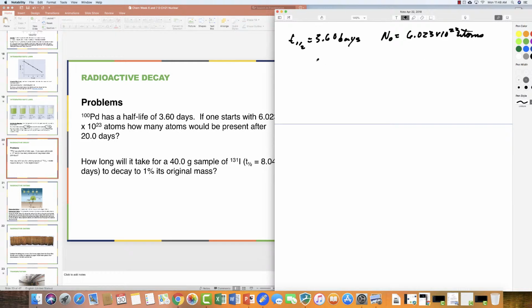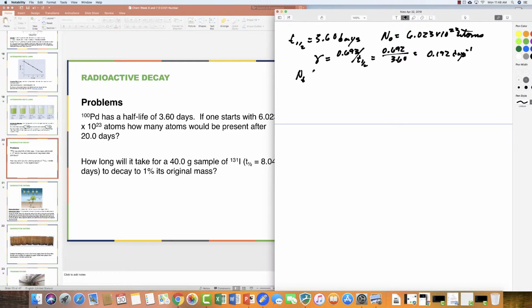And the decay constant is equal to 0.693, which is the natural log of 2, divided by the half-life. So if we take 0.693 divided by 3.6 days, then the decay constant is 0.192 days to the minus 1.